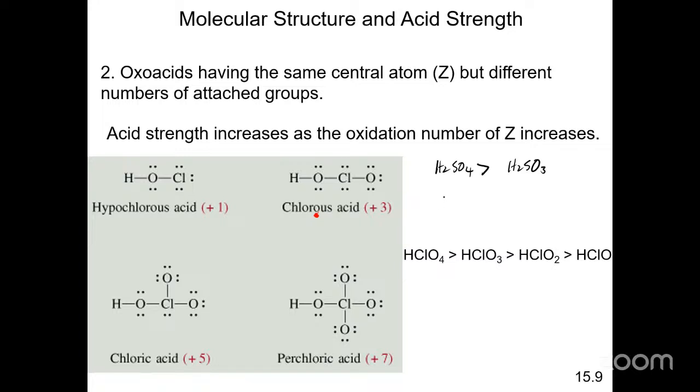Or if you compare nitric acid to nitrous acid, again, nitric acid would be a stronger acid compared to nitrous for the same reason. The greater the oxidation number of the atom, which is bonded to the oxygen, which is bonded to the hydrogen, the greater will be the acidity of the acid. All right, so that's a universal trend. Pretty much, I can't think of any exception to that. So that's basically how that works.